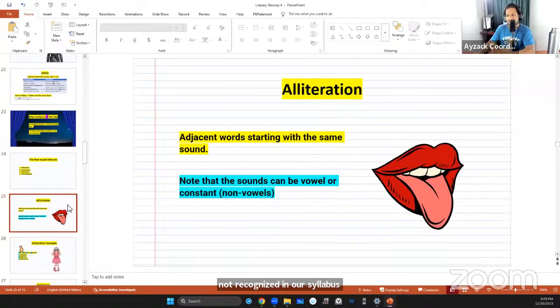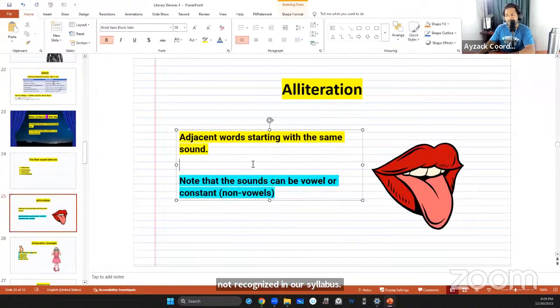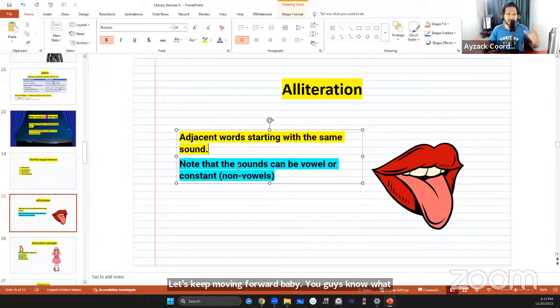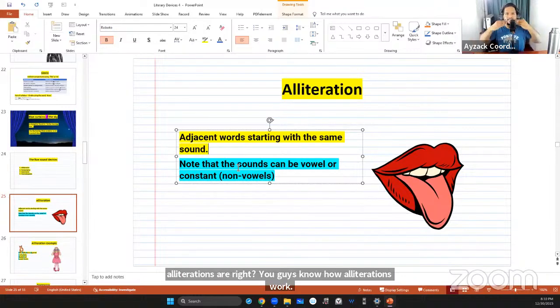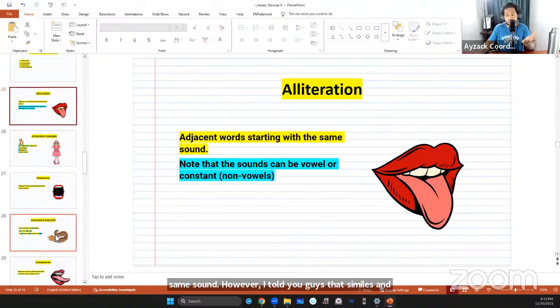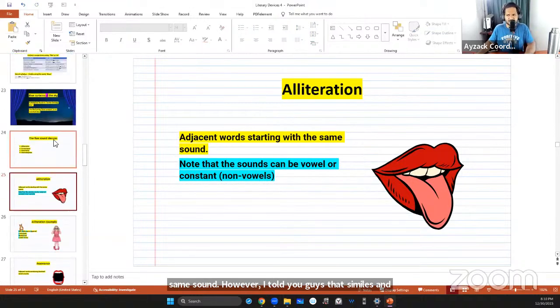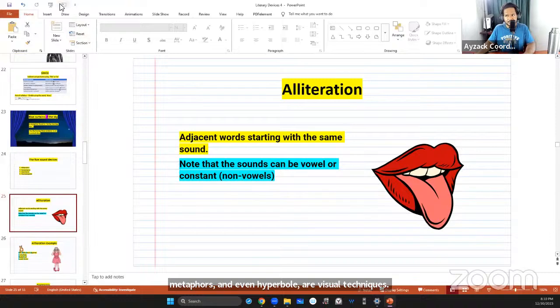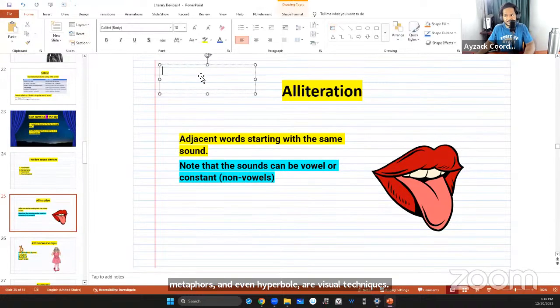You guys know what alliterations are, right? You guys know how alliterations work. It is when you have adjacent words that start with the same sound. However, I told you guys that similes and metaphors, and even hyperbole, are visual techniques. What kind of a technique is alliteration? Alliteration is considered an auditory technique.